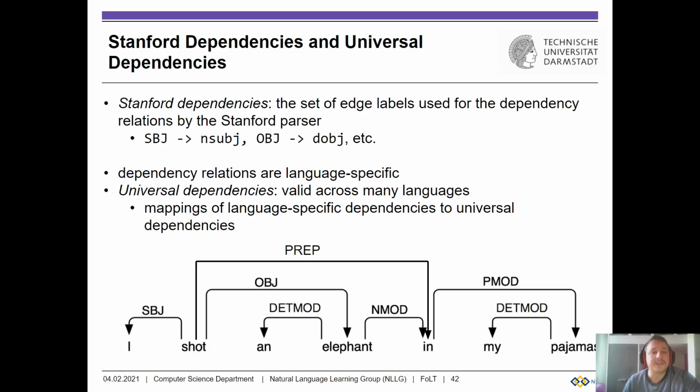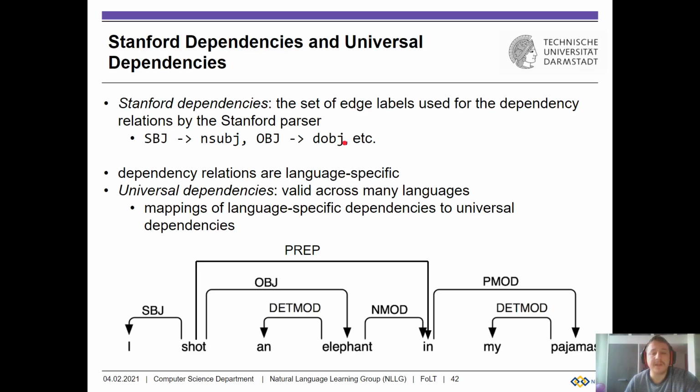So in the Stanford Universal Dependencies, the set of edge labels, so these types of relationships, are given as follows. So the subject and objects, that's what you know from school, like each sentence has a subject and object. In a Stanford dependency parser, that is written as nsubj, and the object is written as dobj.